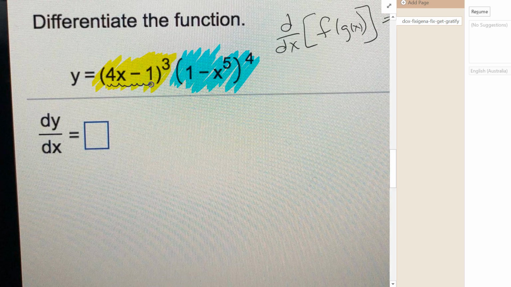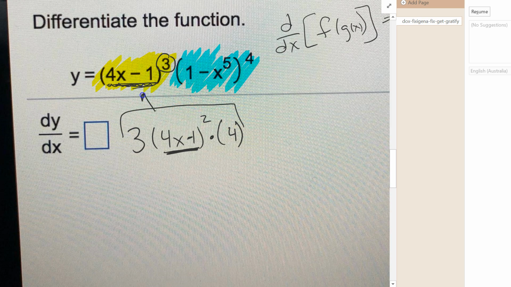So this is something cubed. The derivative of something cubed would be 3 that something squared. So the derivative of the outside evaluated at the inside, don't change the inside, times, then you take the derivative of the inside. In this case, it's just 4. Right? So all of this is the derivative of the yellow.